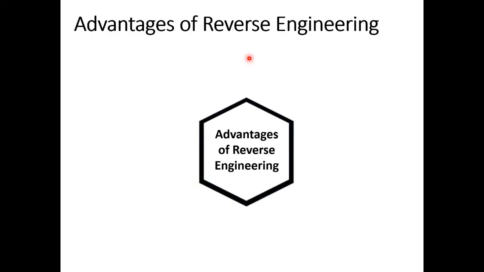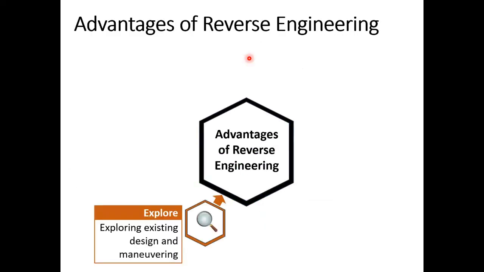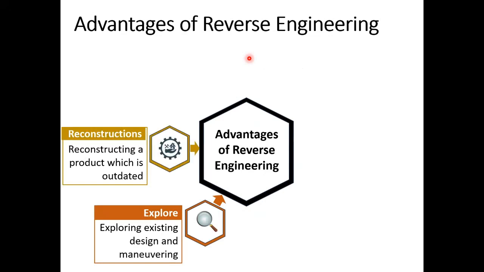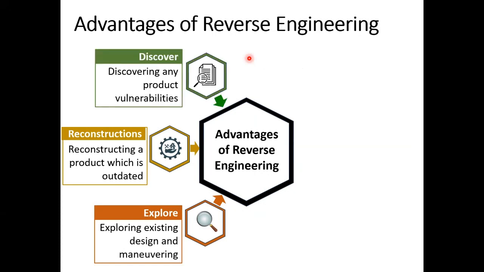So the advantages of reverse engineering: we could explore the existing designs and manufacturing methods of different products. And it helps us to reconstruct the product, which may be outdated. So you study the product, get the drawings done, and reconstruct a new product. And it helps us to discover the product vulnerabilities.